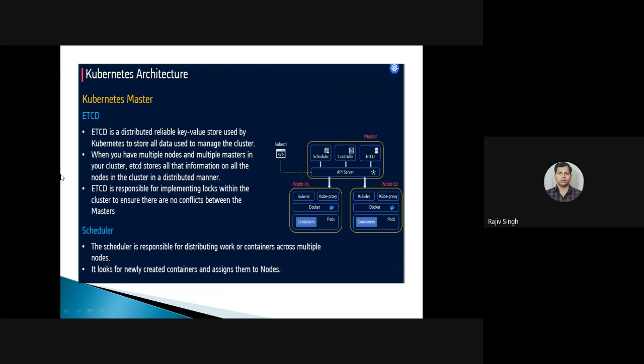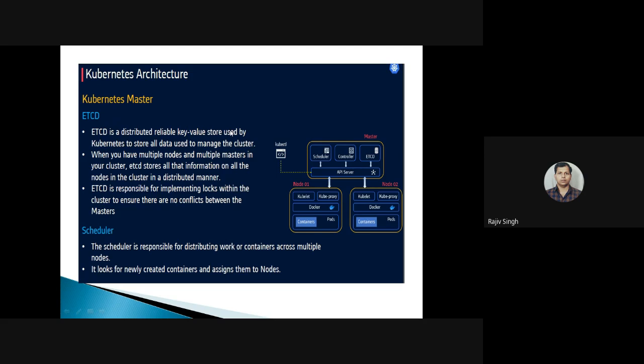Okay, moving to the next slide, where we will discuss the different components of the master node and the worker node. The first component here is etcd. Etcd is just a key-value store, which is a database. Basically it keeps all the information about the cluster: how many master nodes are working, how many worker nodes, how many pods, how many replication controllers, replica sets and deployments are working.